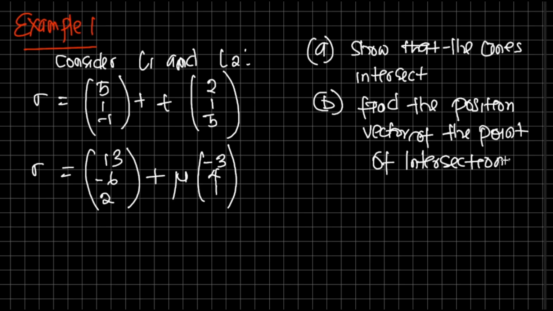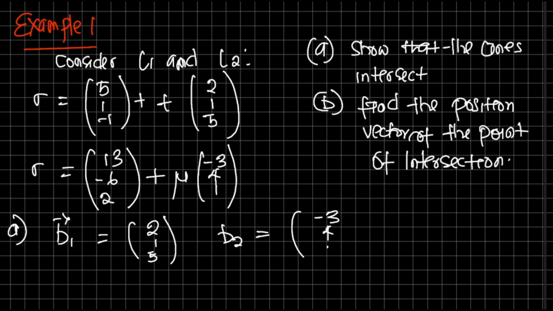So we are solving A. The directions of the vectors are b1 equals (2, 1, 5) and b2 equals (-3, 4, 1).